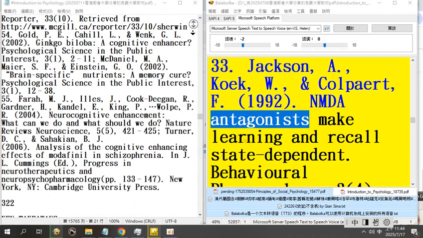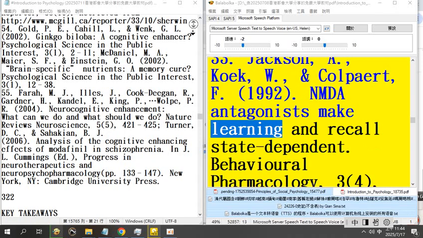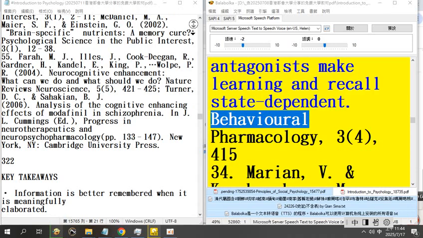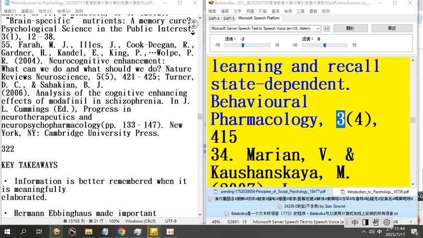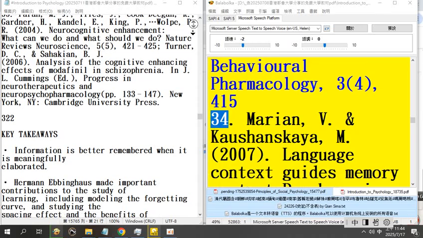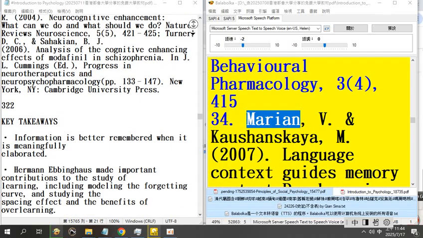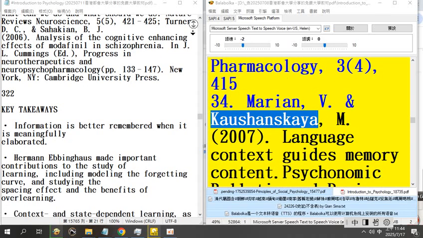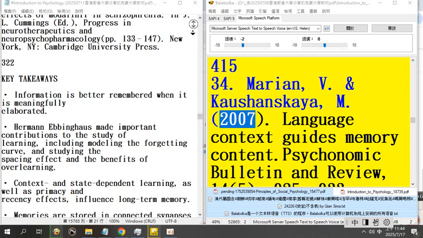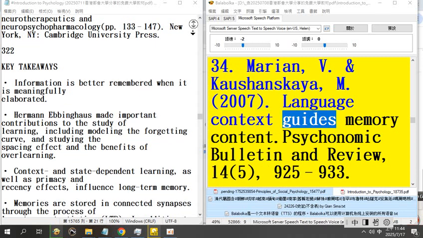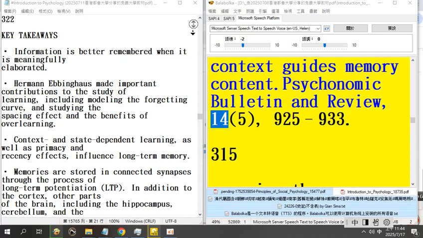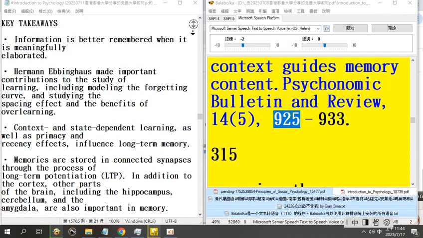NMDA antagonists make learning and recall state-dependent. Behavioral Pharmacology, 3, 4, 415. 34. Marian, V. and Kaushinskia, M. 2007. Language Context Guides Memory Content Psychonomic Bulletin and Review. 14, 5, 925, 933.